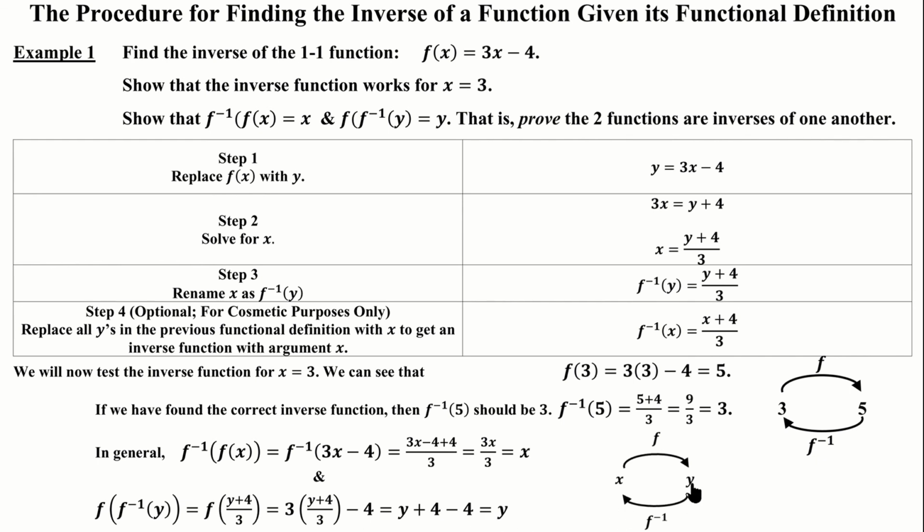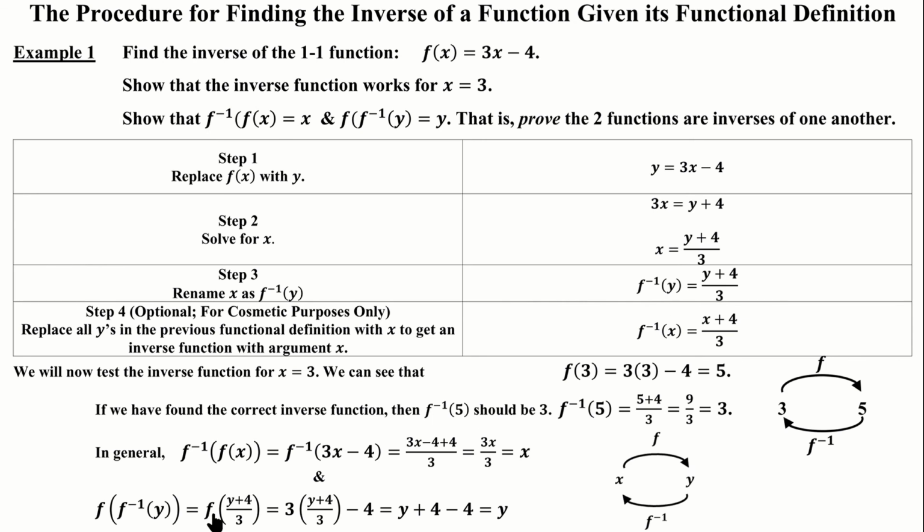We also want to do it the other way. So we want to start with y, apply f inverse to get to x, and then follow that with f to make sure that brings us back to y. So we want to show also that f of f inverse of y is also going to be y. So we take f of the inverse function of y. So we're using this version here, because it works out much nicer with this diagram if we use y.